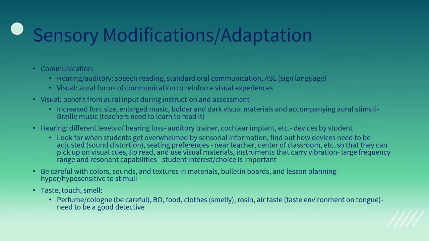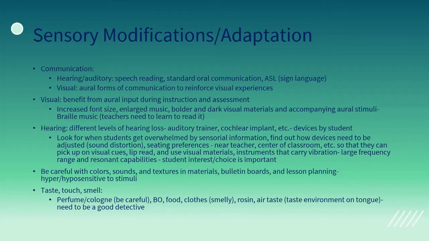For the visual side of communication, you want to have oral forms of communication to reinforce visual experiences. So visually impaired students benefit from oral input during instruction and assessment.